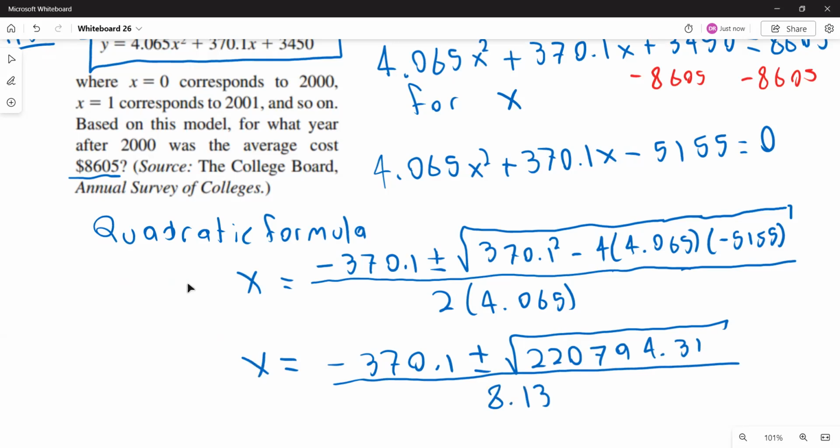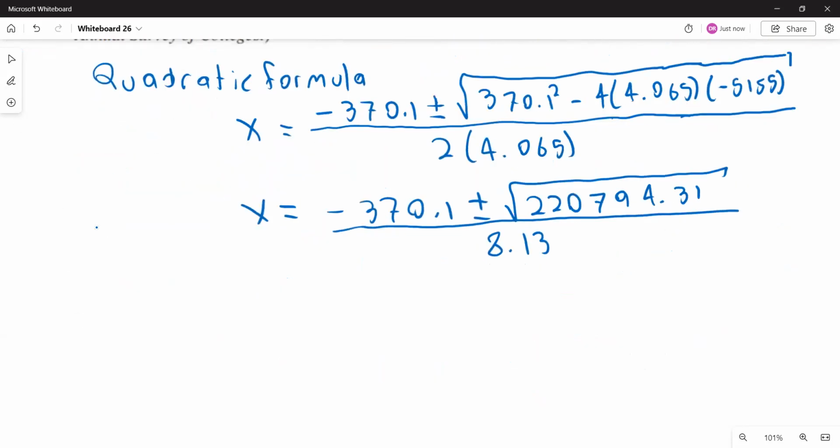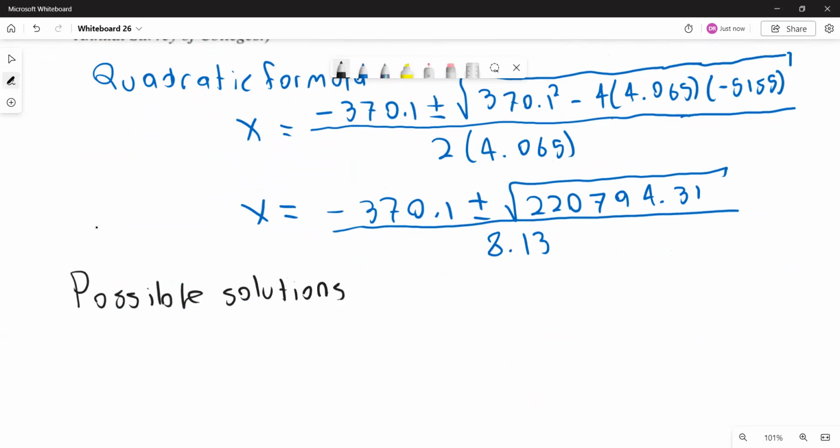So we have two possible solutions. The first one is x equals minus 370.1 minus the square root of all that.